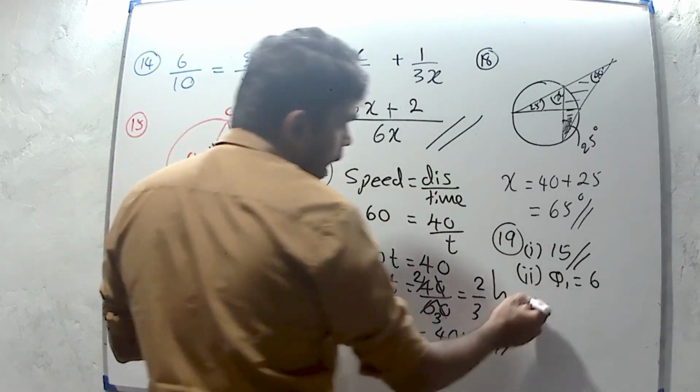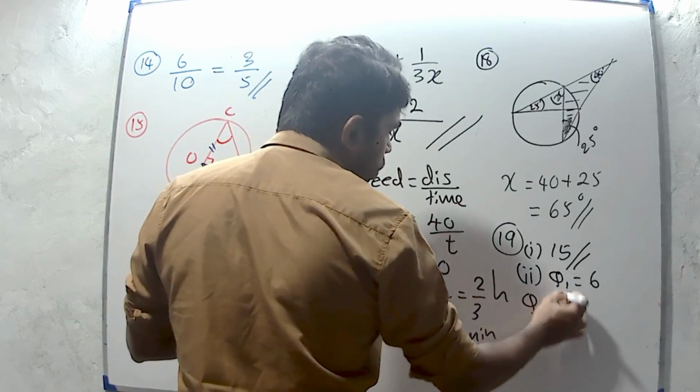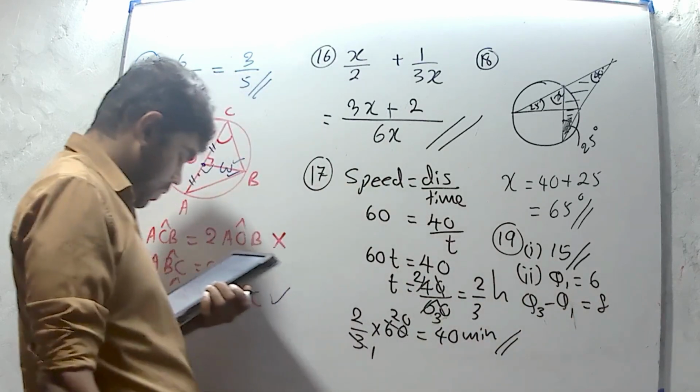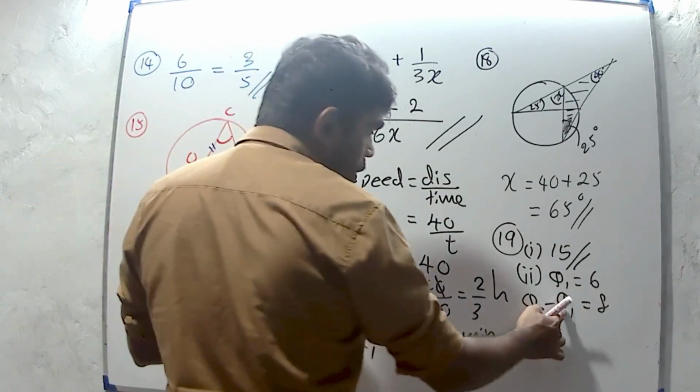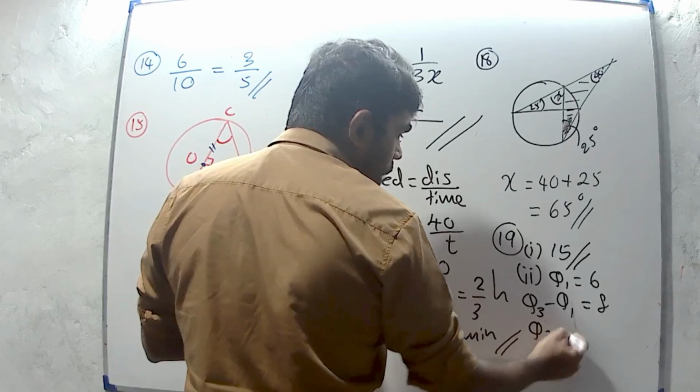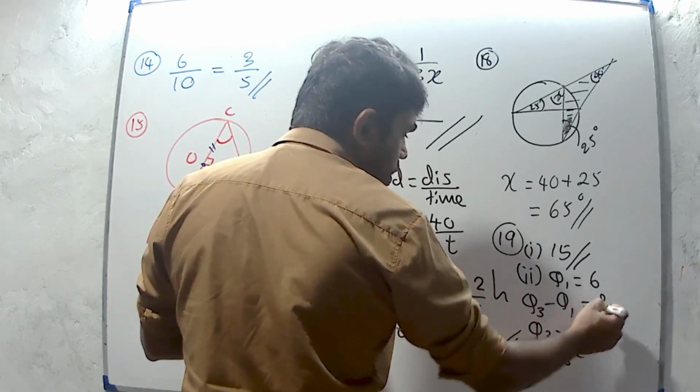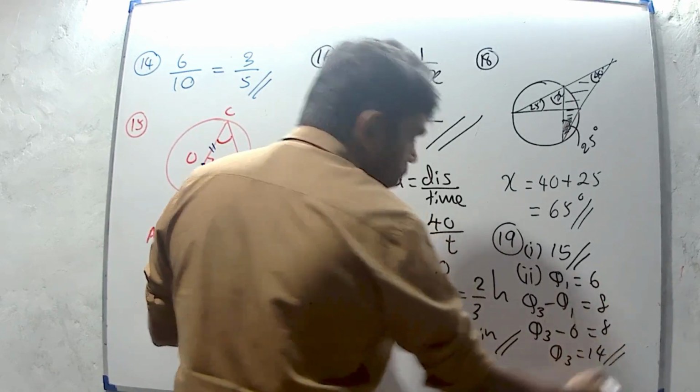Then we can get the interquartile range, Q3 minus Q1, which is given as 8. Substituting the Q1 value, Q3 minus 6 equals 8. Q3 equals 6 plus 8, which is 14.